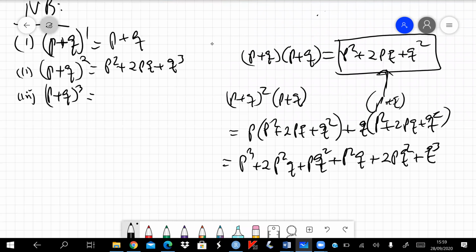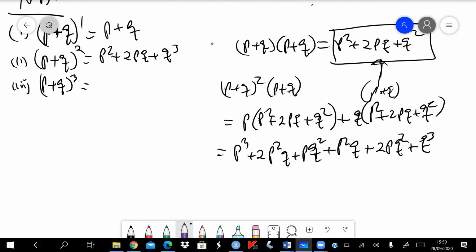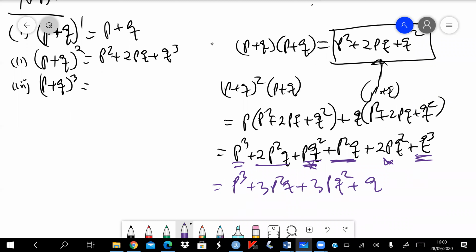Then if you group like terms together, this one is alone, so we'll get P cubed. Then 2P squared Q, you add to this 1P squared Q, you get 3P squared Q. And if you combine this term here with this term here, you'll get 3PQ squared, and then this one is alone, so you'll get Q cubed.